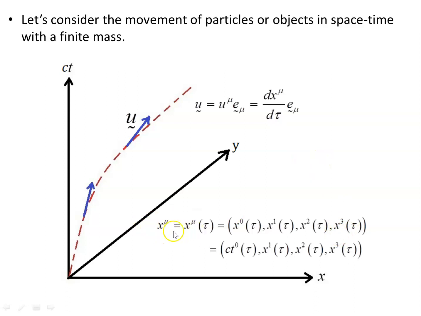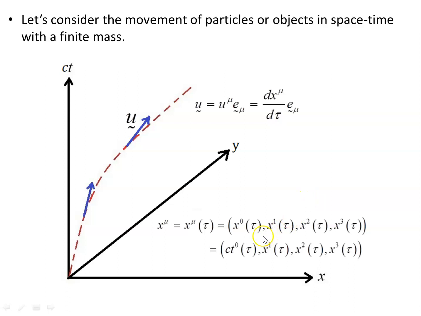And the coordinates here, we can express this path in terms of the proper time carried by the object. The object carries a clock with it and measures its own time, so we can parameterize the path using that, even though here we've used coordinate time.